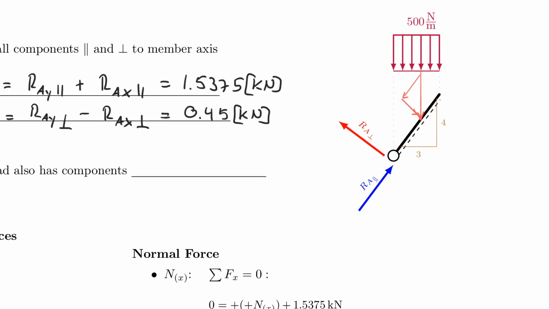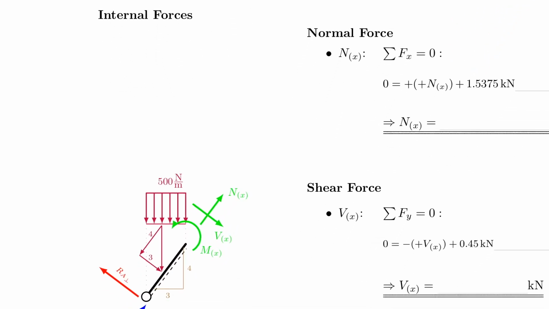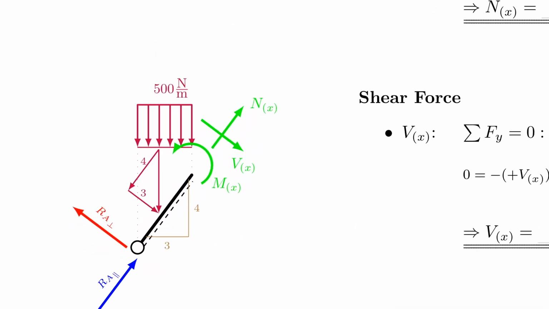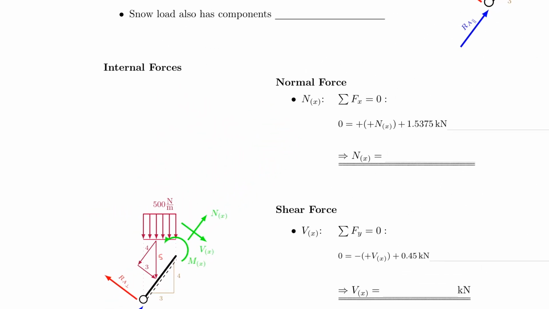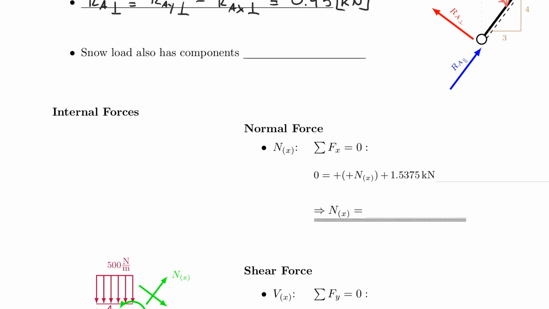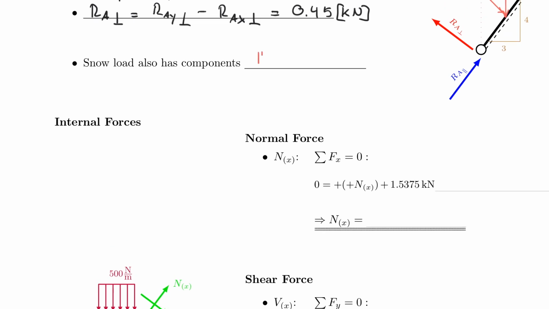And I believe that has already been shown here in this picture on the bottom. So here's my 5, 4, 3 triangle. And of course, you would have to usually figure that out yourself, the 5, 4, 3, but I showed you already how that's done and where to find the connecting angle. So snow load has components that are parallel and perpendicular as well. And I need to consider that now. So let's look at it.